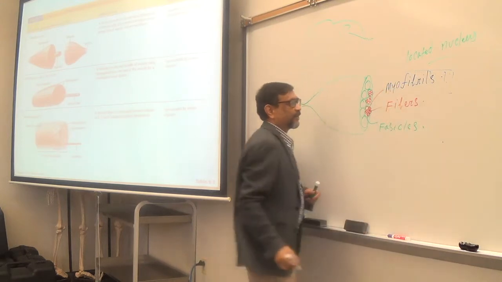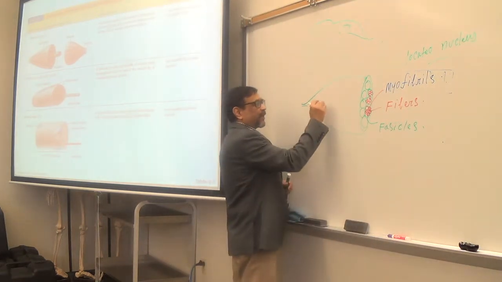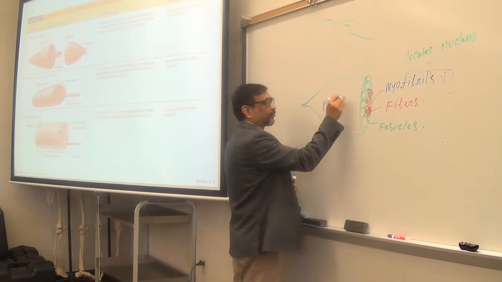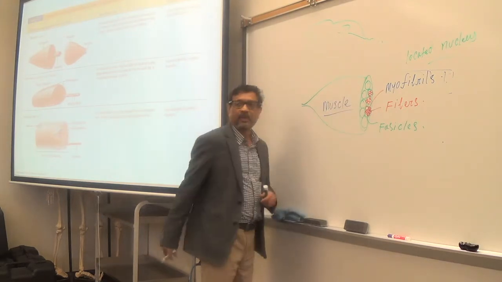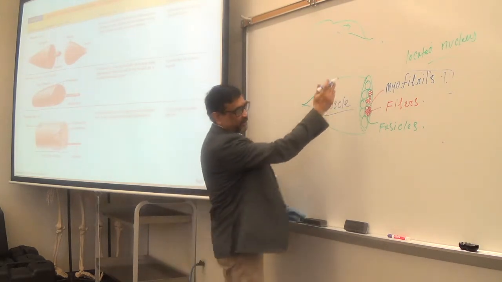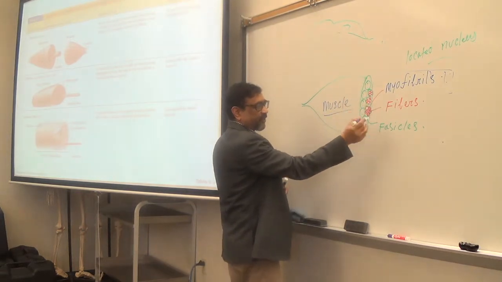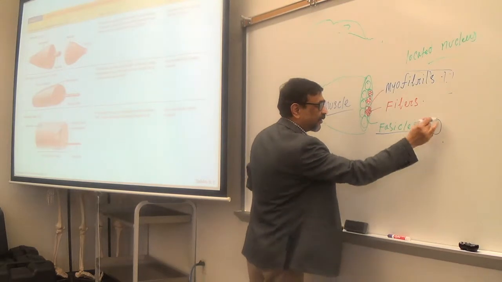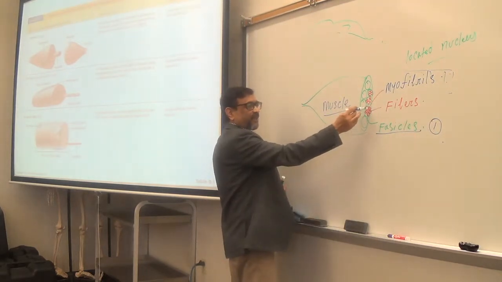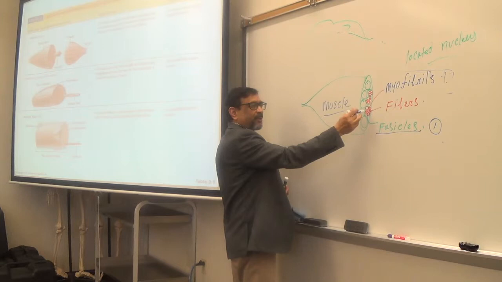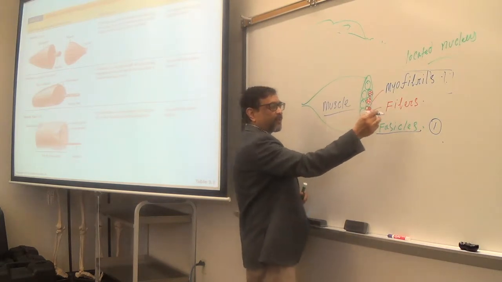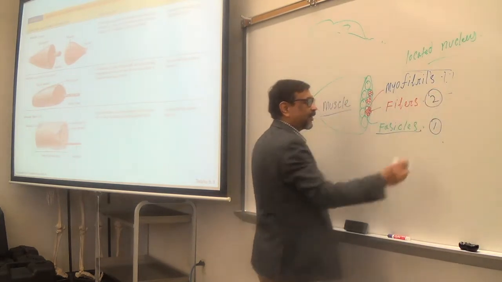So this is the whole muscle, and if you cut the muscle and see inside, you'll see many columnar structures. These are called fascicles, and inside the fascicles you have again smaller columnar structures. Those are called muscle fibers.